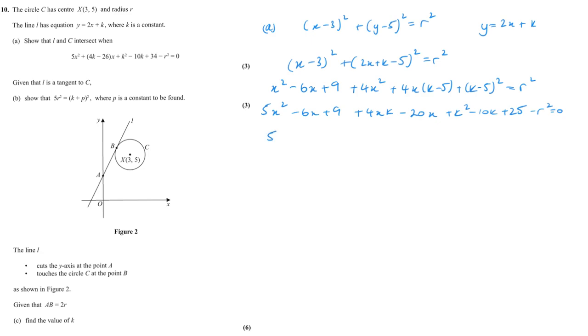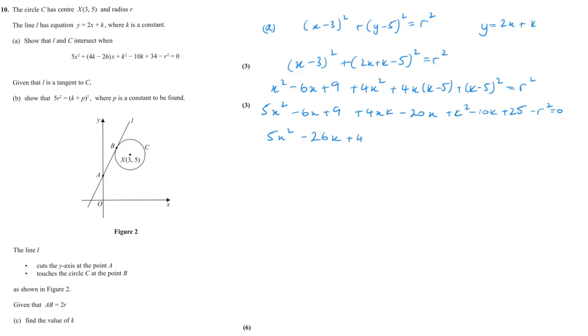So we've got 5x squared. Now we've got the x terms here. So we've got minus 6x and minus 20x. So that's minus 26x. I'll do it in 2 steps.